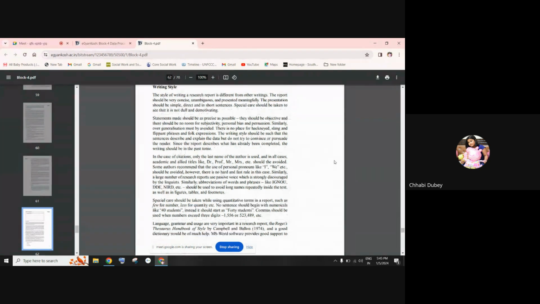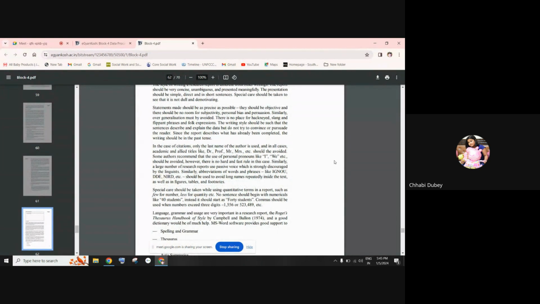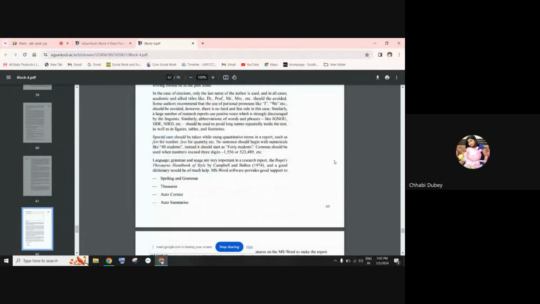Now, language and grammar usage is very important here. Special care should be taken whenever we are using grammar. And nowadays you have self-correcting software like MS Word that gives you good support when it comes to spelling and grammar.